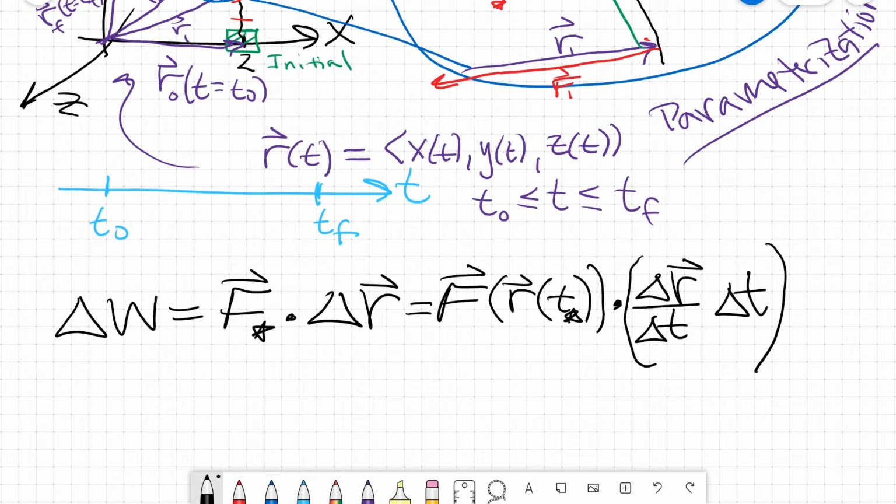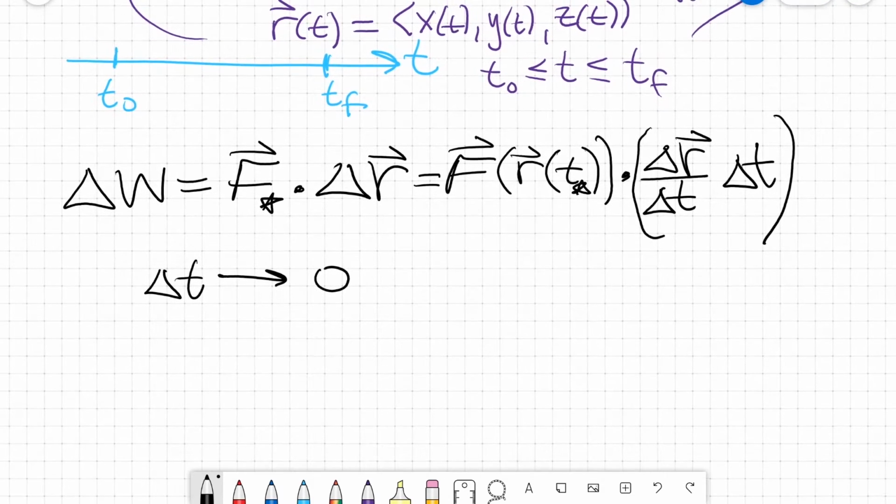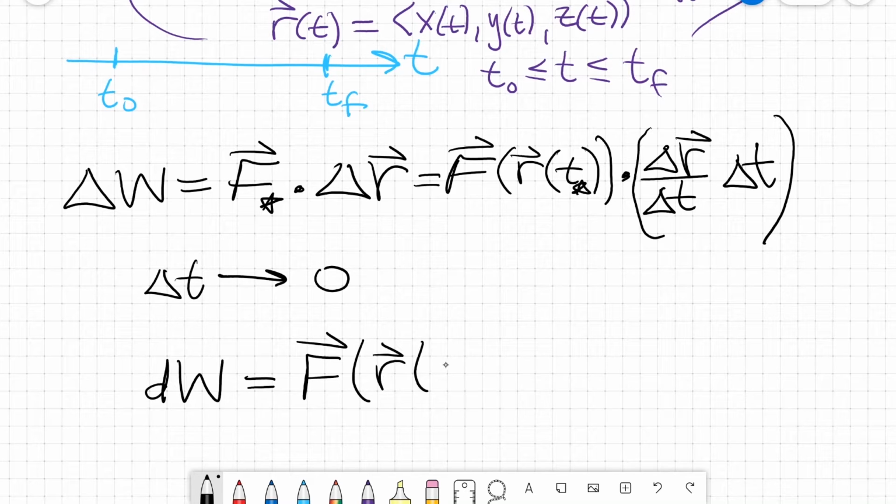Now, let's break our segments into the smallest pieces. In other words, let's take the limit as delta t goes to 0. What do we get then? We'll get that dW, with a d now instead of a delta, is equal to F of r when t is t star, the time when we reach our small segment, dot delta r over delta t as delta t goes to 0, which is the derivative of r.